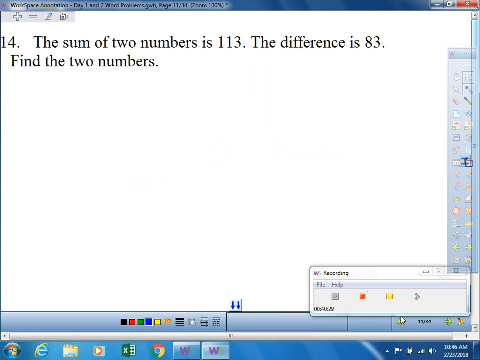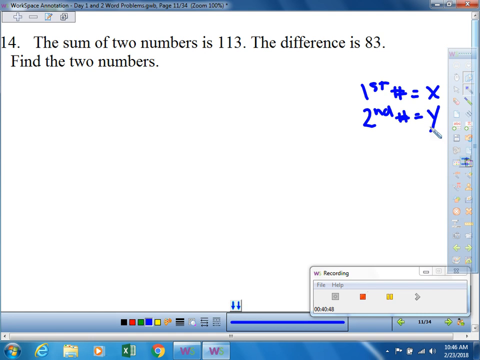Now, one last one. Number 14. Put number 14. The sum of two numbers is 113. The difference is 83. You still have the two numbers. The first one you're going to call X. The second one, you're going to call Y. The sum of two numbers is 113.